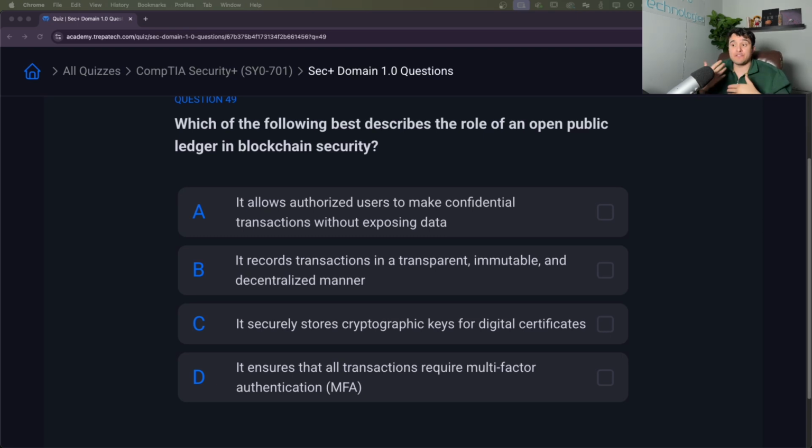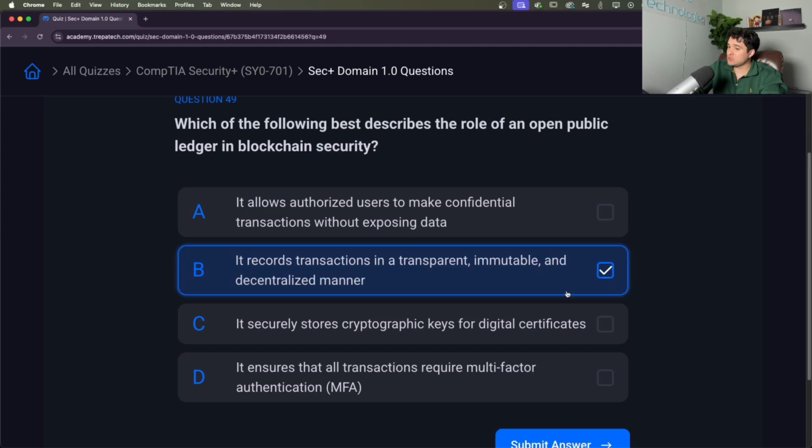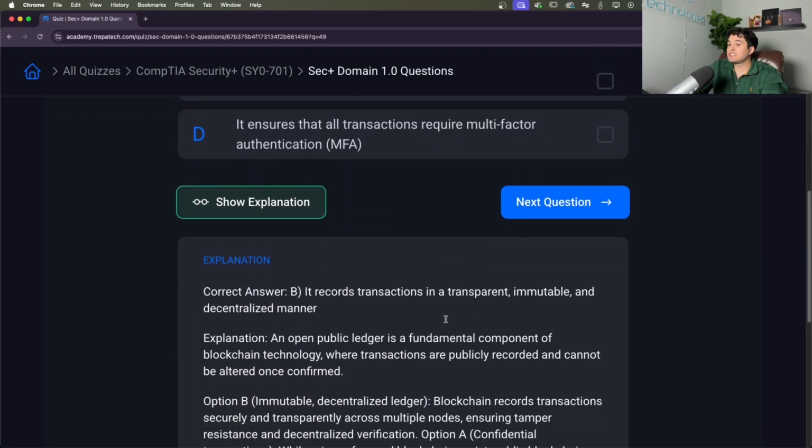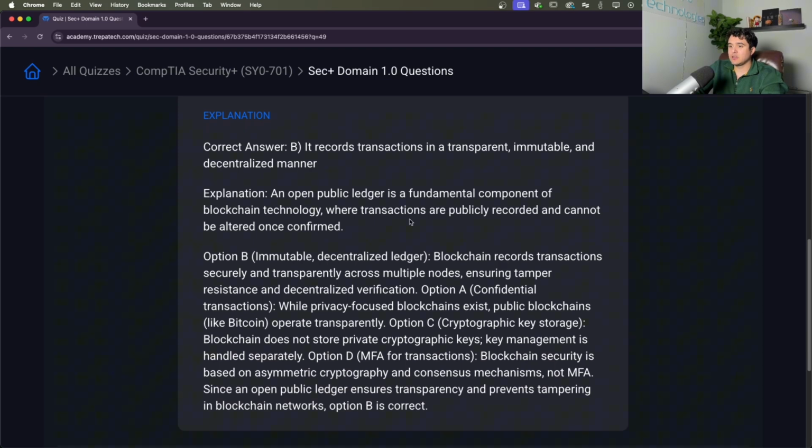And as long as we have like 51% in agreement, then we know that our blockchain is accurate. That's a really dumbed down version of it. So with that being said, the most accurate answer here is B. It records transactions in a transparent, immutable, and decentralized manner. It does decentralized authentication. Pause the video if you'd like to read the explanation.